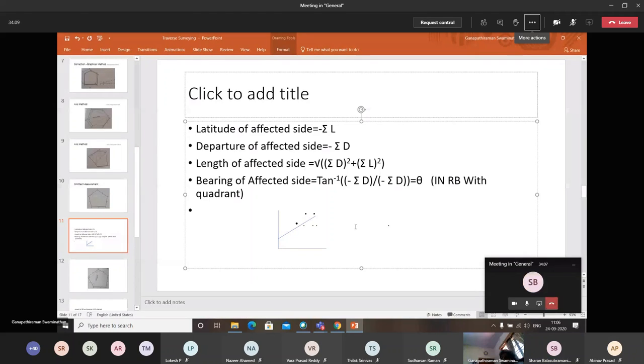It doesn't pass through the points. Can you say the curve is a best fit curve if it passes through all the points? Yes, sir. In that case, the curve will start from here, come here, come here, like that. Okay, right?